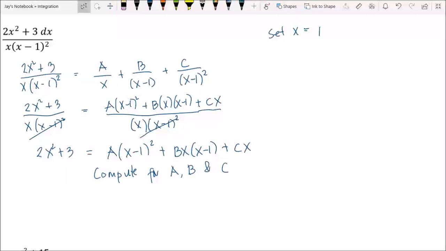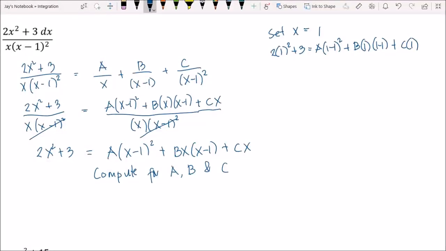Why 1? Since we have x minus 1, and that would give us a difference of 0. Okay, that is 2 times 1 squared plus 3 is equal to a times 1 minus 1, 0, plus b times 1 minus 1 plus c times 1.